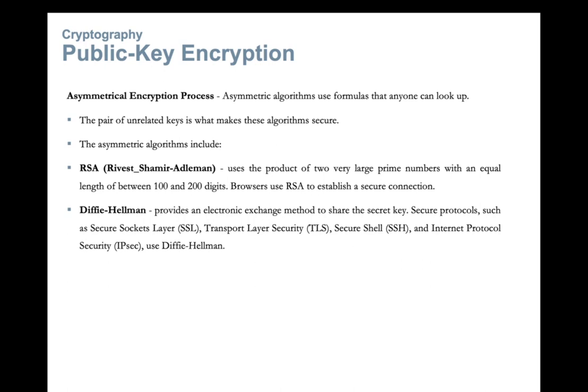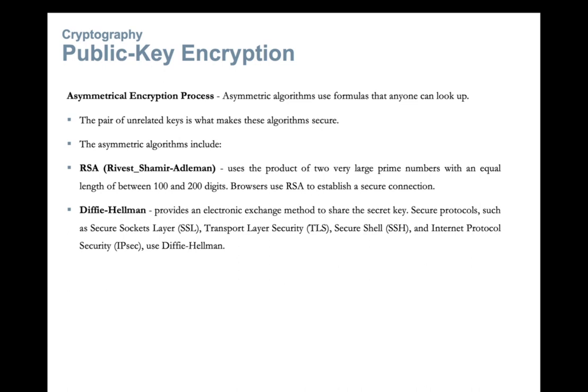Another one is the Diffie-Hellman algorithm, which provides an electronic exchange method to share the secret keys. Secure protocols such as Secure Socket Layer (SSL), Transport Layer Security (TLS), Secure Shell (SSH), and Internet Protocol Security (IPsec) use this Diffie-Hellman method to exchange the keys.